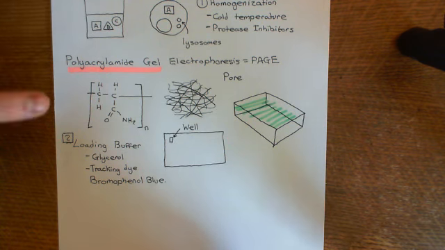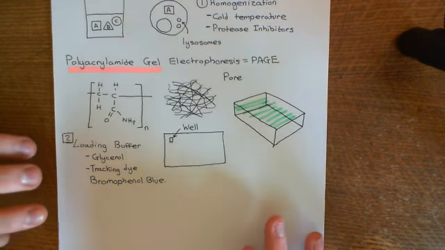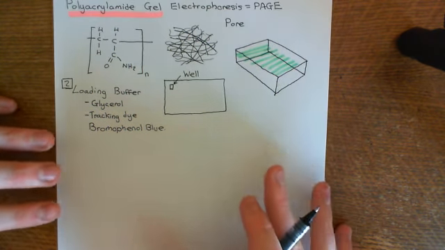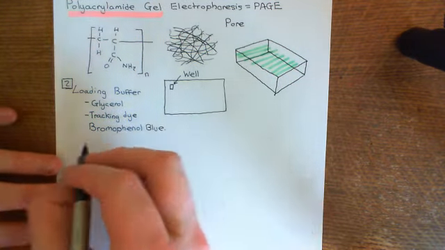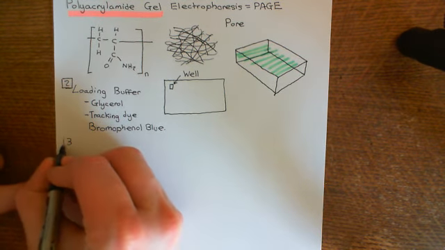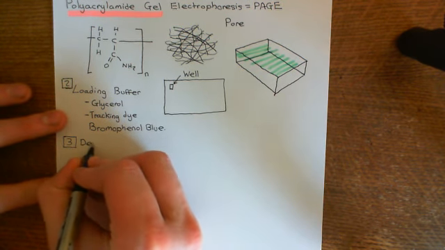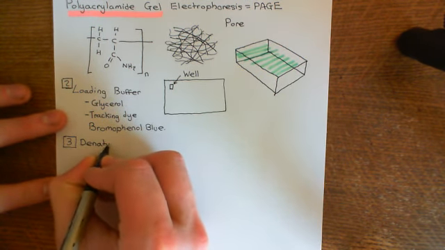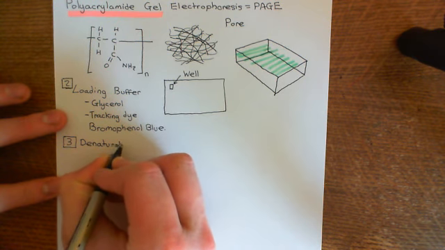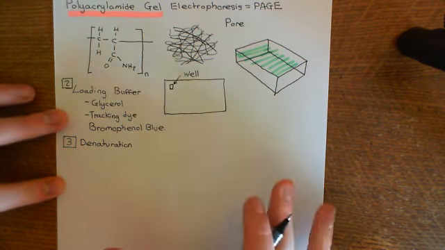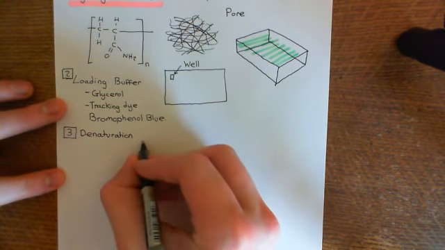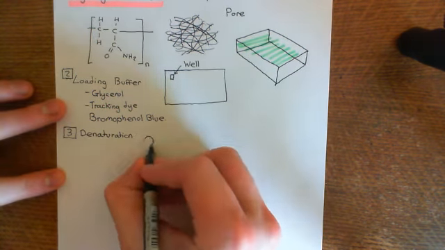Okay, so you take your protein mixture and add loading buffer. And now what we're going to do is denature the protein. So the next step is denaturation. The idea is that we want to break apart the tertiary and secondary structures of the proteins. At the moment, our proteins are polypeptides, but they're folded into elaborate shapes.